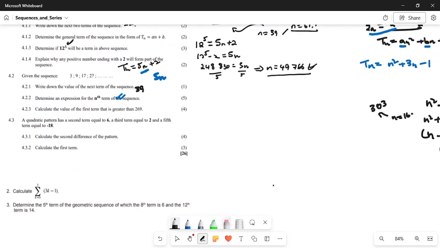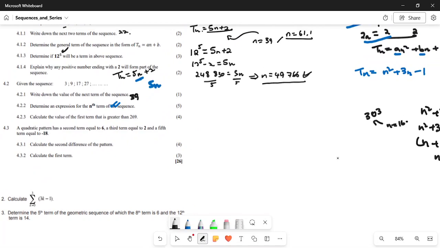Okay, let me write this down, because we are given just random points. Let's say the first term is not given, so I'll say that is x, and then the second term I'm told is equal to 6, and the third term is equal to 2, and the fifth term is equal to minus 18. So I'll say the fourth is y, and then the fifth is minus 18. And I'm told that this is a quadratic number pattern.